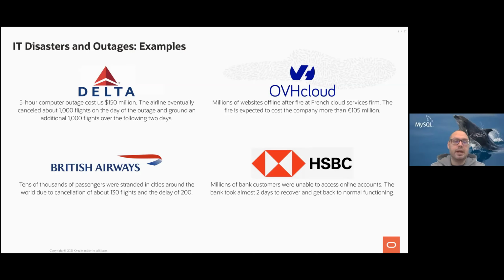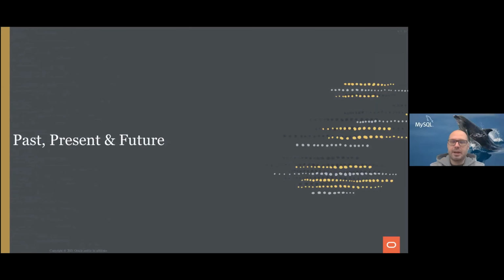Similar with Delta Airlines, where an outage cost them $150 million. A lot of flights were canceled, and a lot of people were impacted by this in the coming days. So it's very important. Maybe next slide.